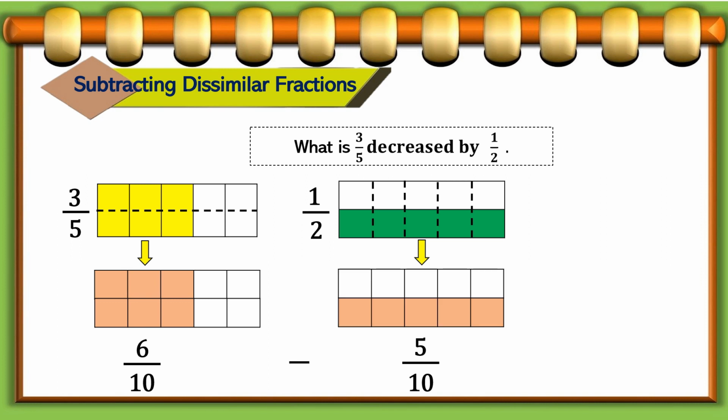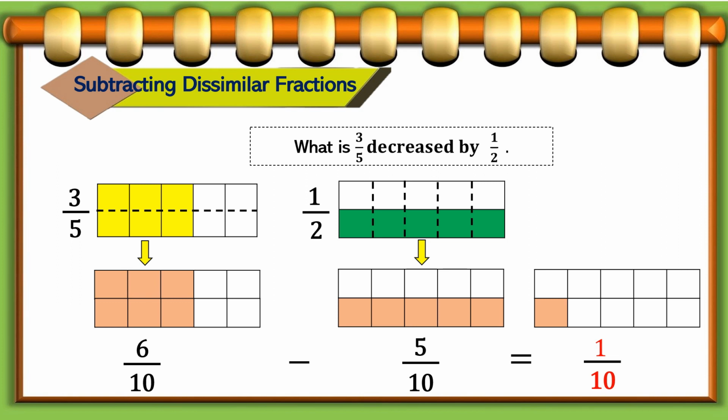Now, they are similar fractions. We're going to subtract the numerators. 6 minus 5 equals 1 and copy the common denominator, 10. Then, simplify the answer when needed. Since the numerator of the fraction is 1, 1/10 is already in simplest form or lowest term.